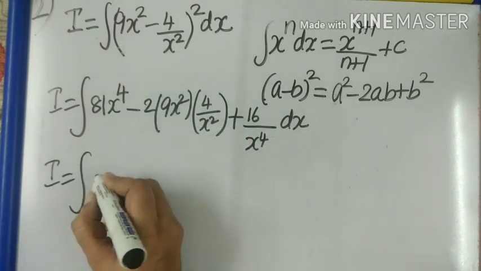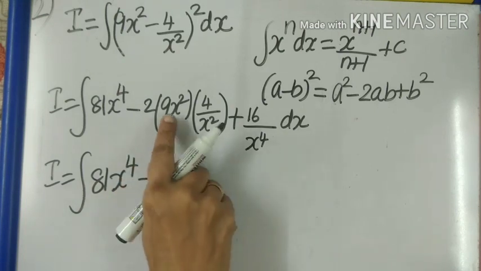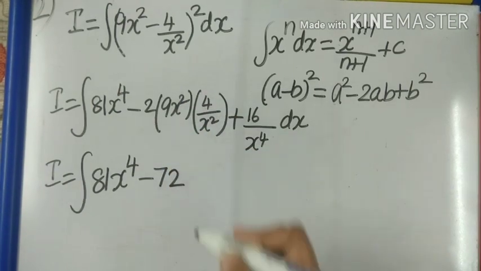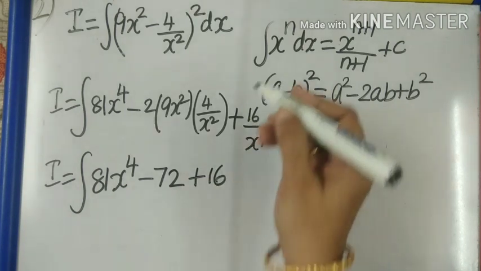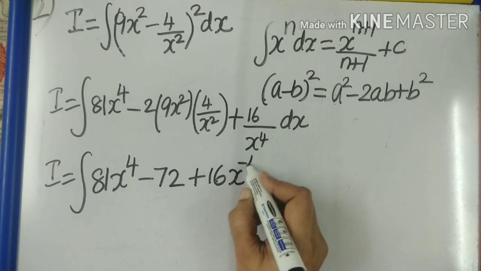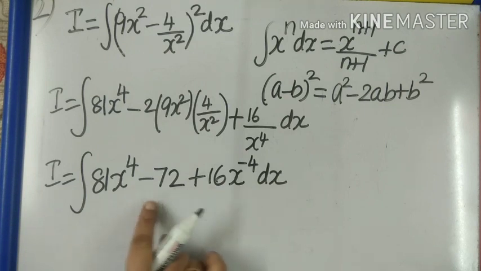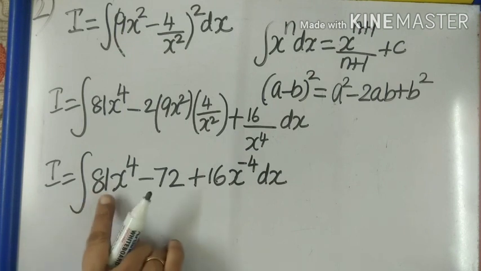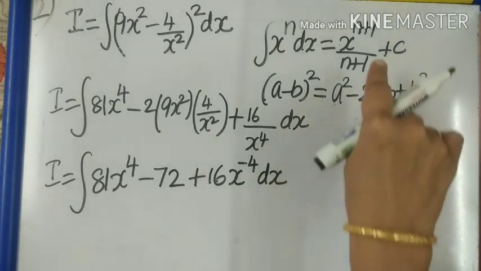Simplify this further. This is 81 x power 4 minus, 4 9s are 36 into 2, 72. X square will get cancelled, plus 16. This x power 4 will go to the numerator as x power minus 4. And now I have 3 terms with plus and minus symbols. Addition is allowed in integration. You can integrate the first term separately, the second term separately and the third term using this formula.